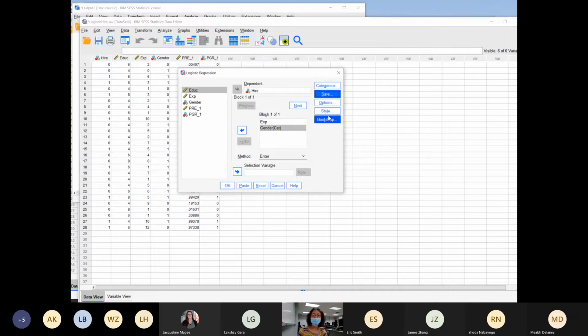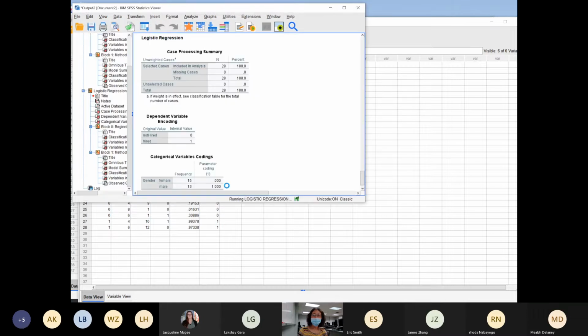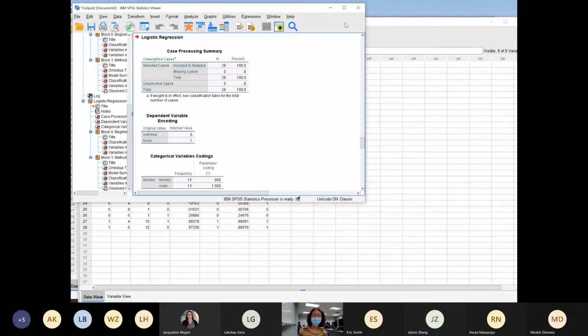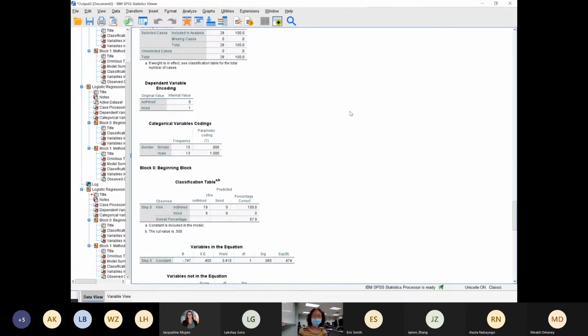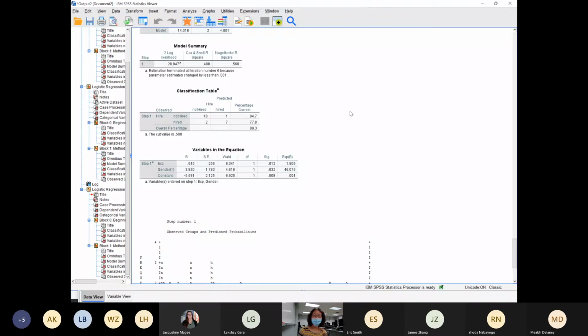That's right. Options, okay. Then you click the OK button. And this is the model without education.